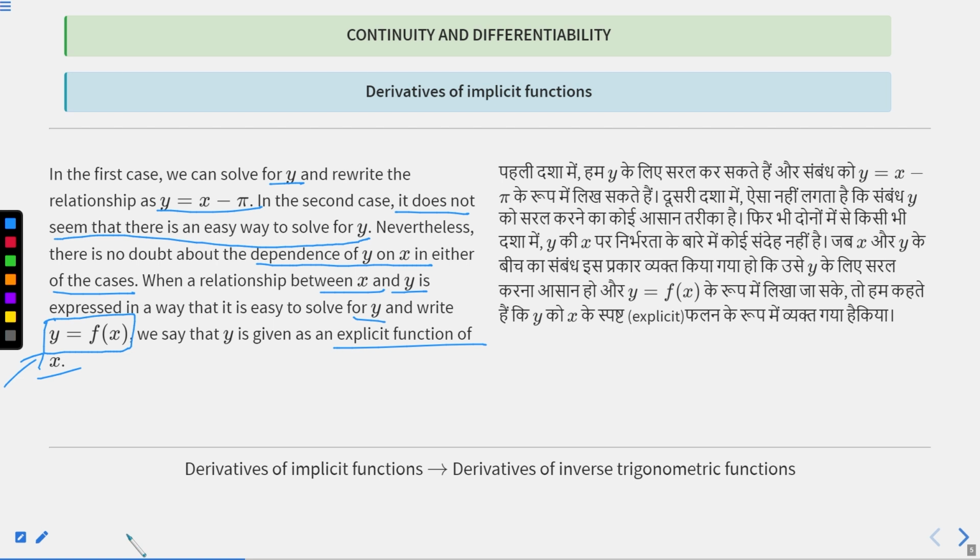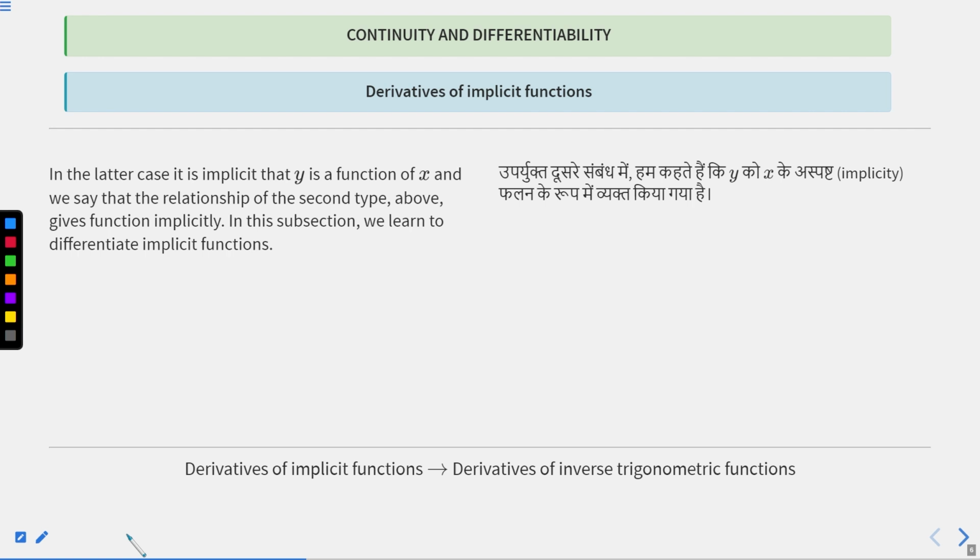Now in the second case, where we saw the implicit function, y is a function of x, and we say that the relationship of the second type gives the function implicitly. In this subsection, we will learn how to differentiate implicit functions.